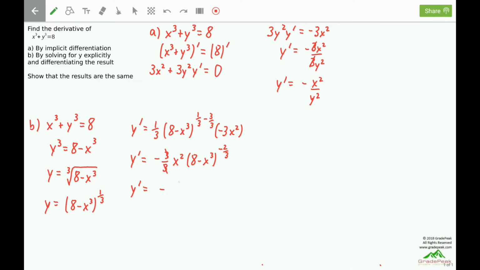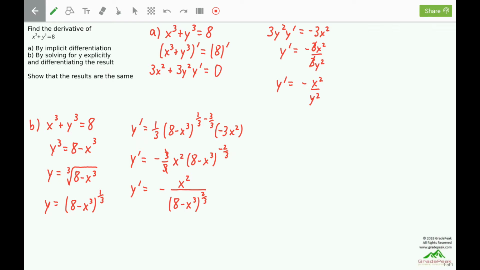And so we have a negative, the numerator is x squared, and then the 8 minus x cubed to the negative 2/3 can move to the denominator and become a positive 2/3 power. And there's our explicit derivative, y prime.